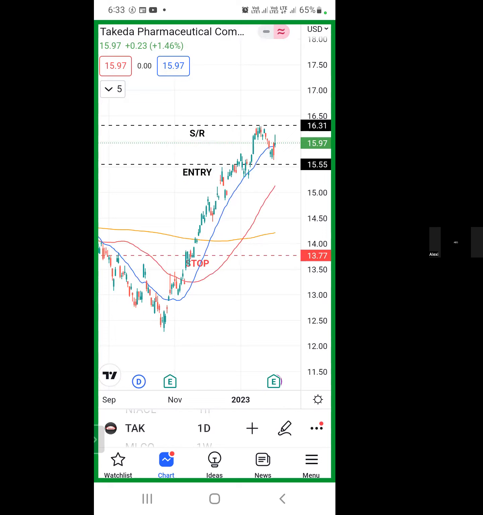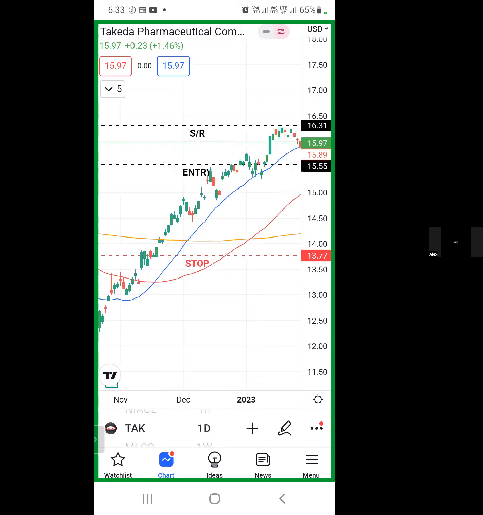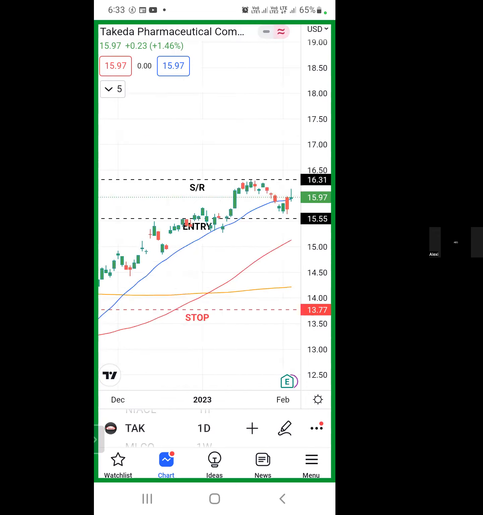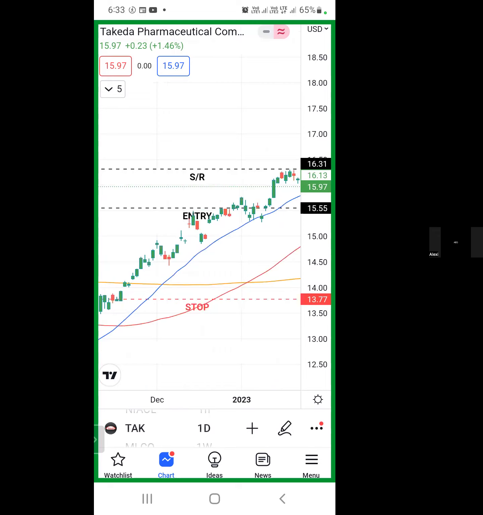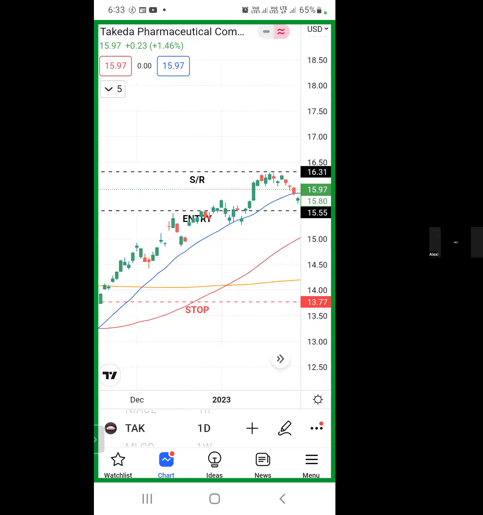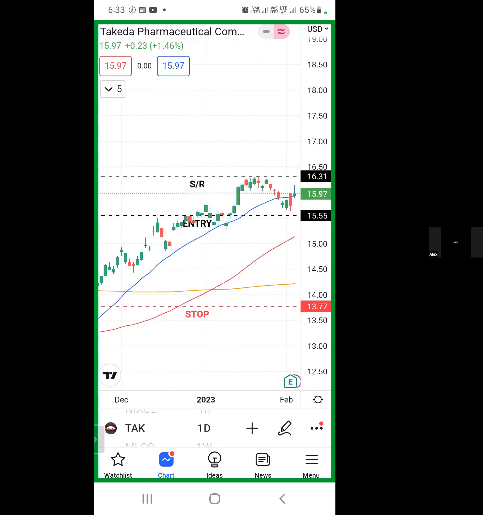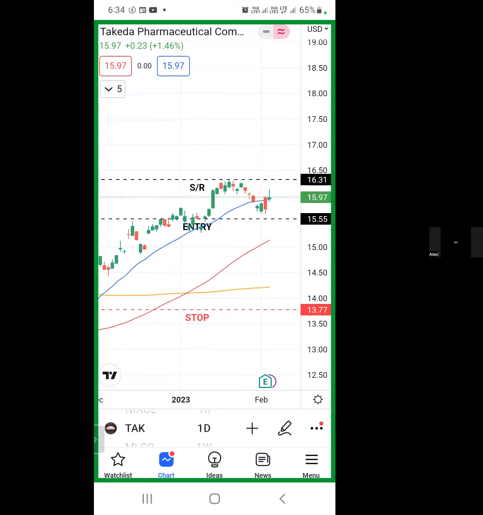All right, and what happened is I noticed that there was a resistance right here, and I waited for that resistance to be crossed. And once it crossed, I entered. All right. And you'll notice this up and down swing right here, right above my entry. You see that?